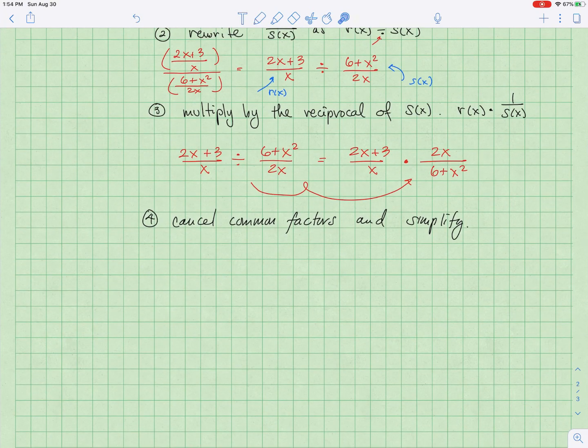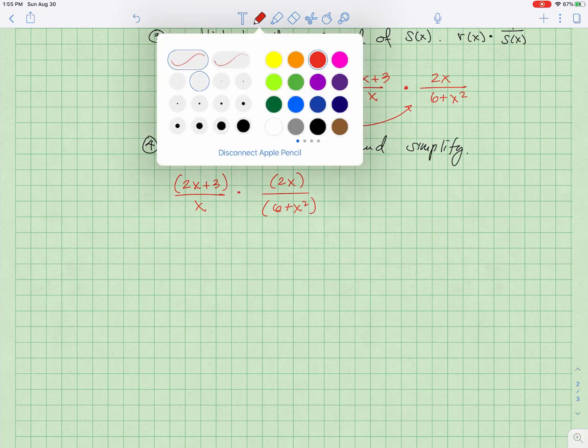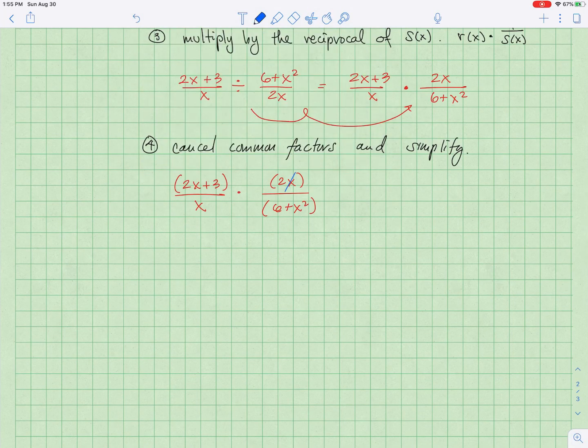And then finally what we're going to do is cancel common factors and simplify. So what do we have here? We have 2x plus 3 over x times 2x over 6 plus x squared. And the only common factor there is that factor of x.